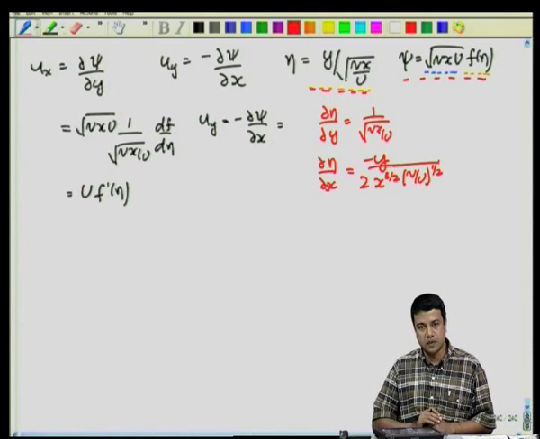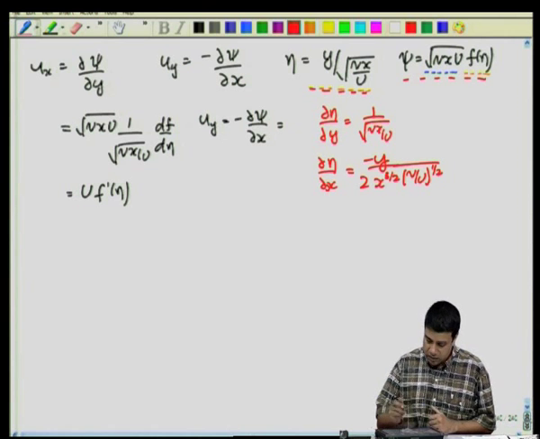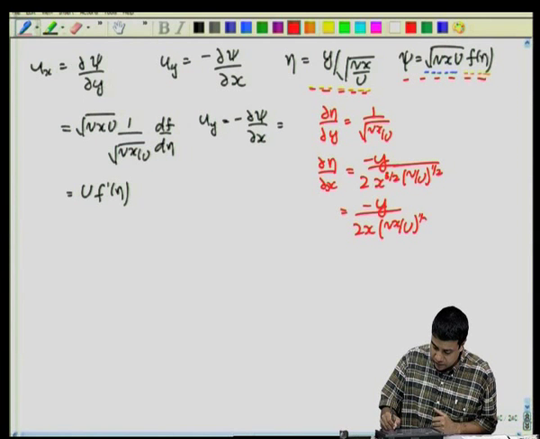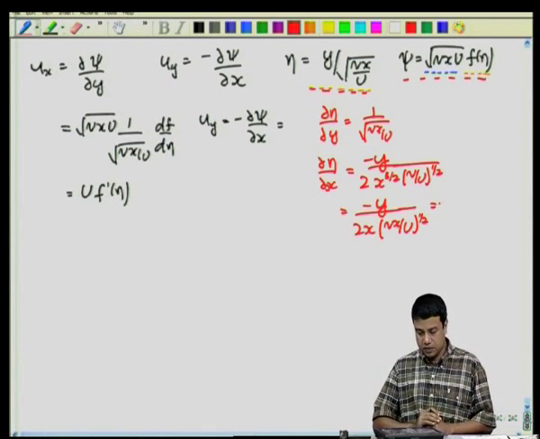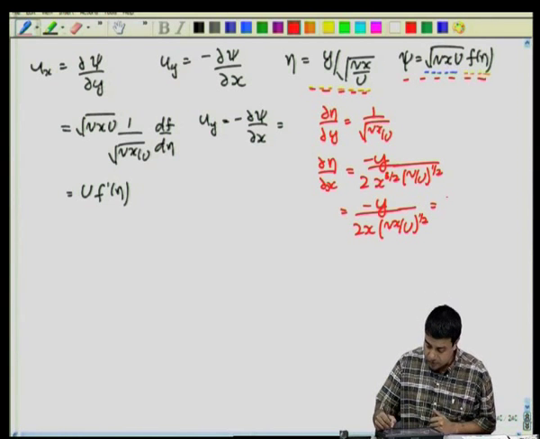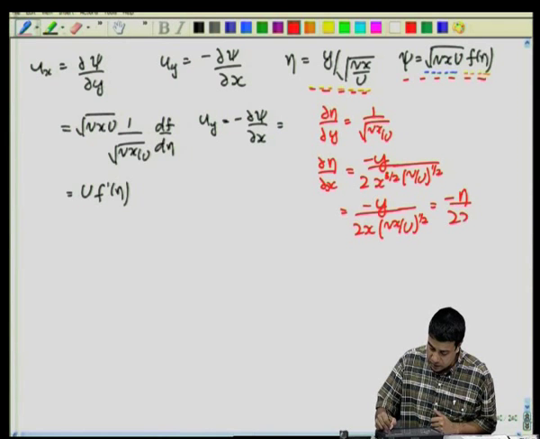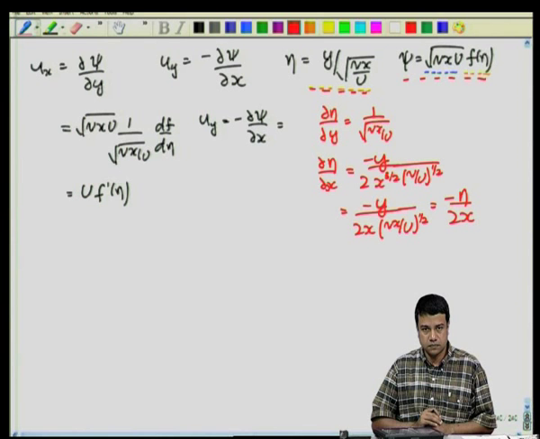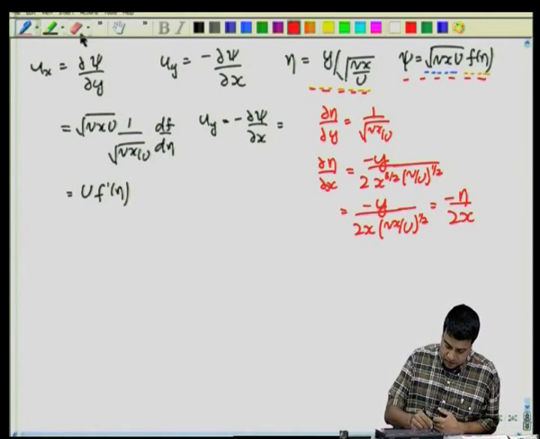This is a common factor of nu by u per half. I can also write this as minus y by 2x into nu x by u per half, and y by nu x by u per half is just eta again. So, this is just equal to minus eta by 2x. So, this enables us to express the velocities u_x and u_y in terms of eta itself. So, let us do that.